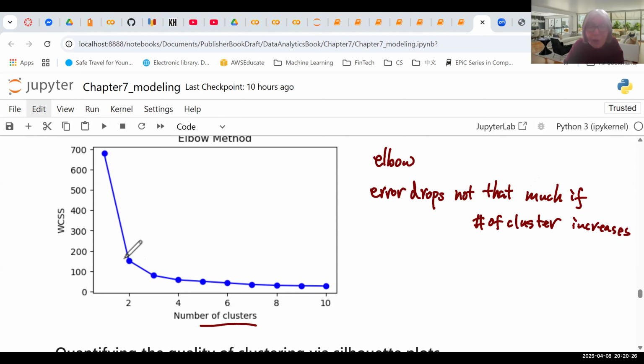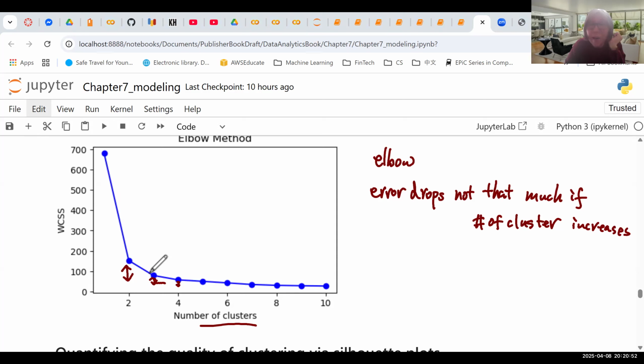So you can see, yeah, you may say, okay, this looks like an elbow point, but you see the inertia still drops a lot from 2 to 3 and from 3 to 4, but from 4 to 5, the inertia drops very little, is it?